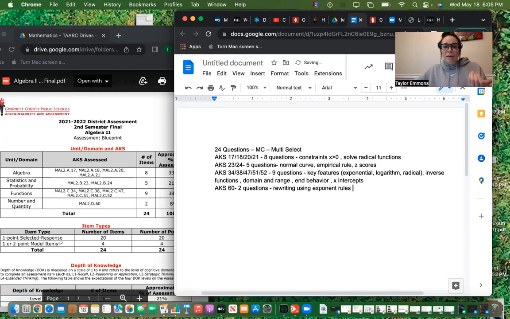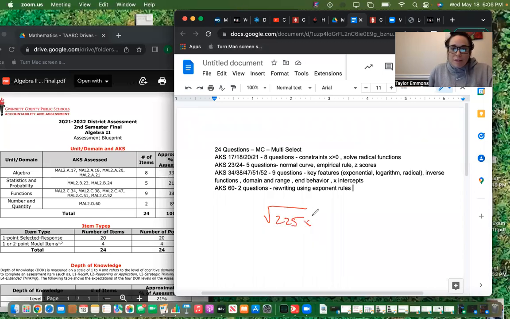The way you're going to see this is something like, I'm actually going to write this out to make it a little easier on y'all. An example is, if I had the square root of 225 x raised to the 2nd power, y raised to the 3rd power, how would you rewrite this using exponents instead?